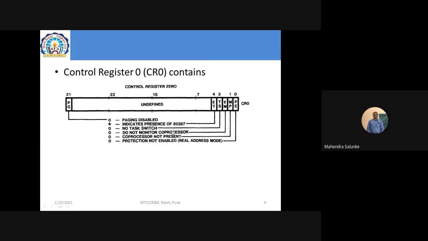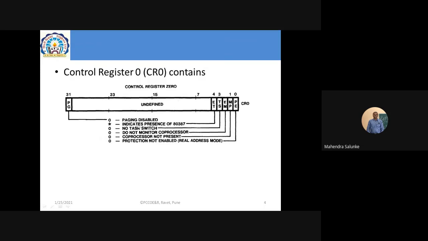So this bit will be made 0 or 1 depending on the presence of the 80387. All other bits are 0.